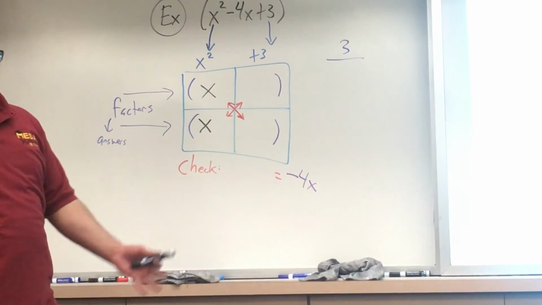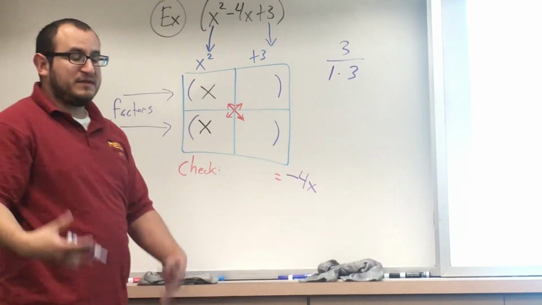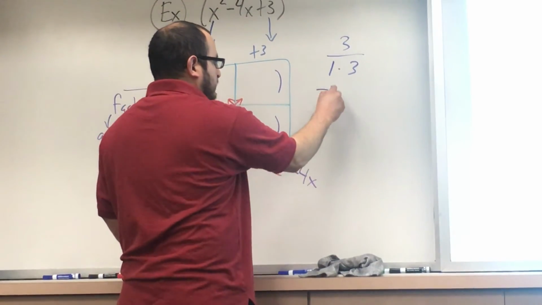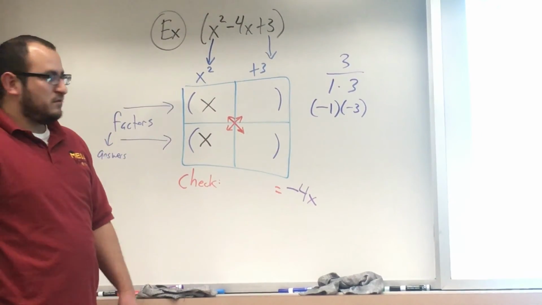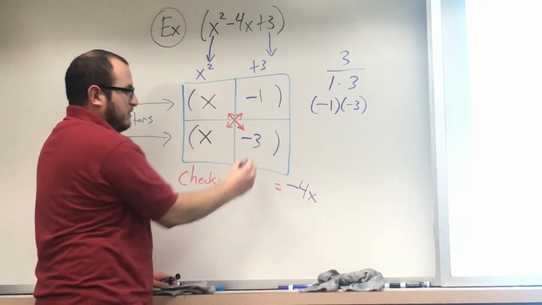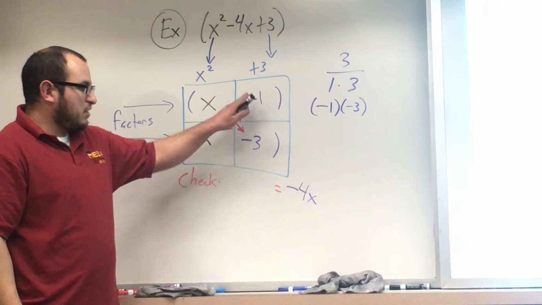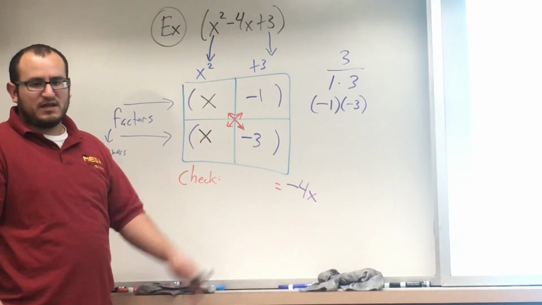So how do we get 3? 1 times 3. Think about the negative. Negative 1 times negative 3. Okay? And that's it. So we have to use negative 1 times negative 3, because our goal is to get negative 4x. If you plug in positive 1 and positive 3 there, it's not going to work.